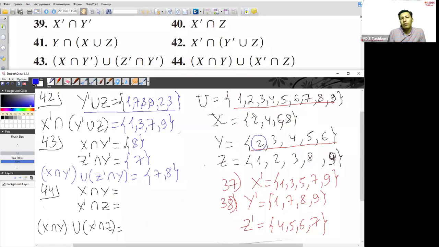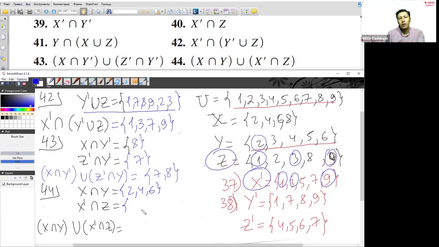Do we have common elements? We have 2, 4, and 6. So we write 2, 4, 6. Next, x complement, here x complement, z is this one. Do we have same elements? 1, 3, 9. So it's equal to 1, 3, and 9.